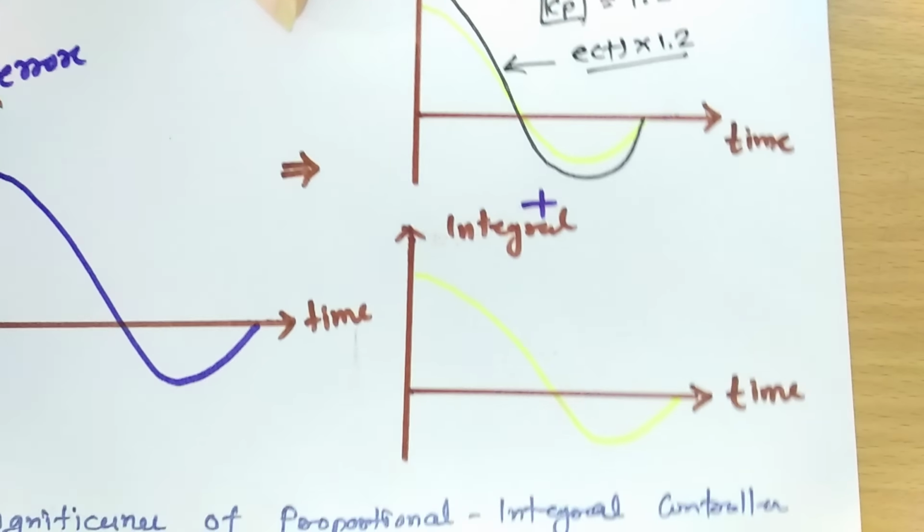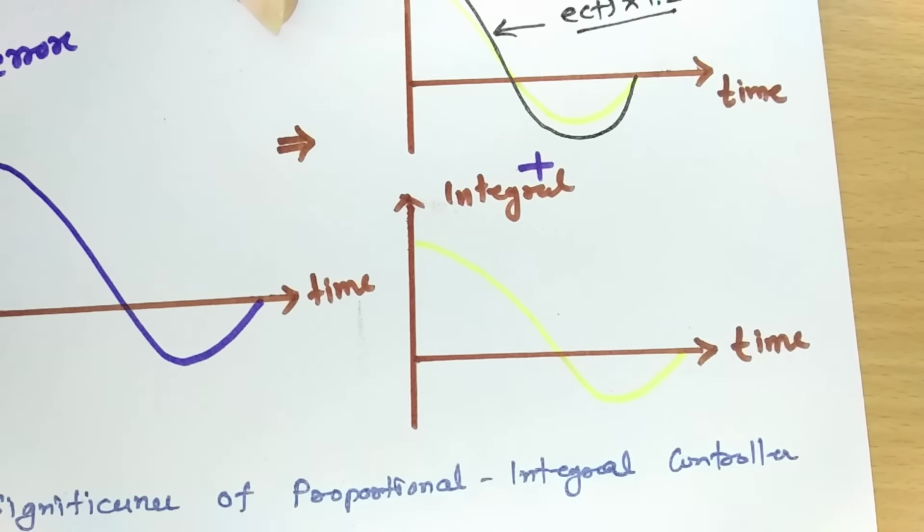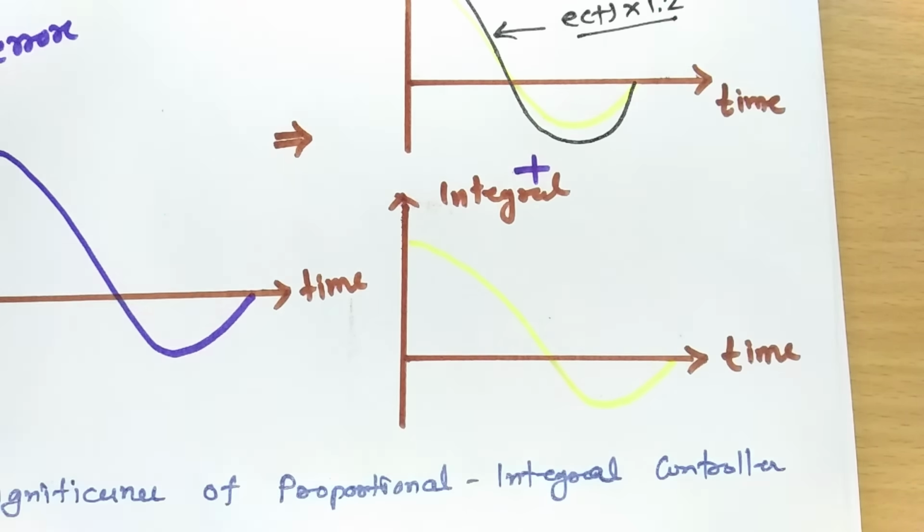Now when we talk about integral controller's output, so integral controller's output, that is based on integration, and integration is algebraic sum of previous errors, and that is what we can understand based on addition of previous error based on area swept.